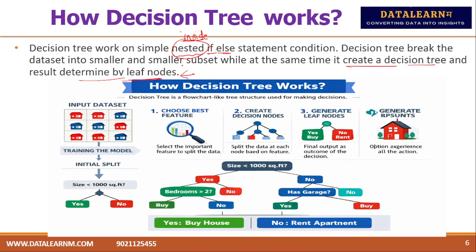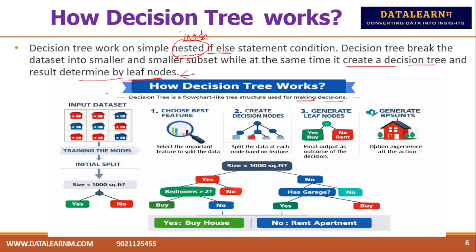So results are decided by the leaf node only. How will it work? A decision tree is a structure used for making decisions.